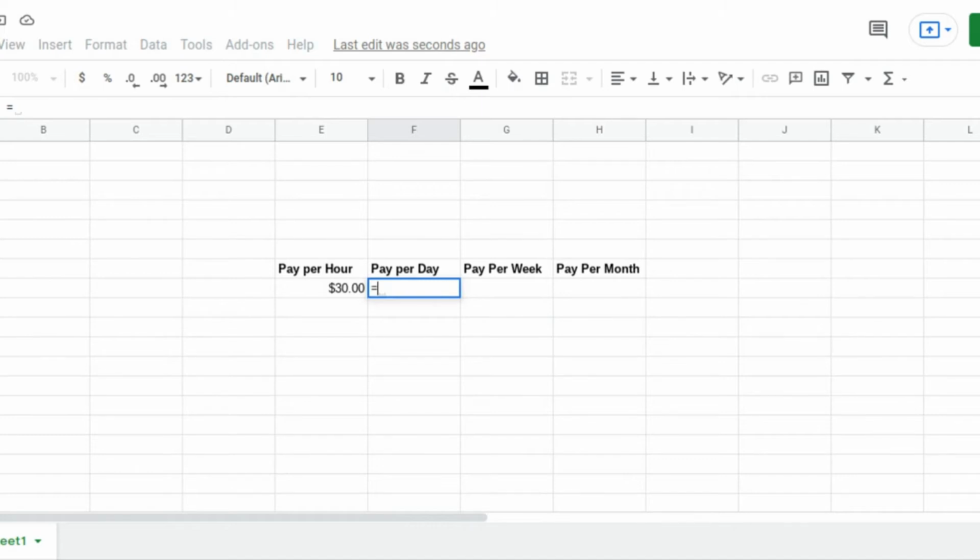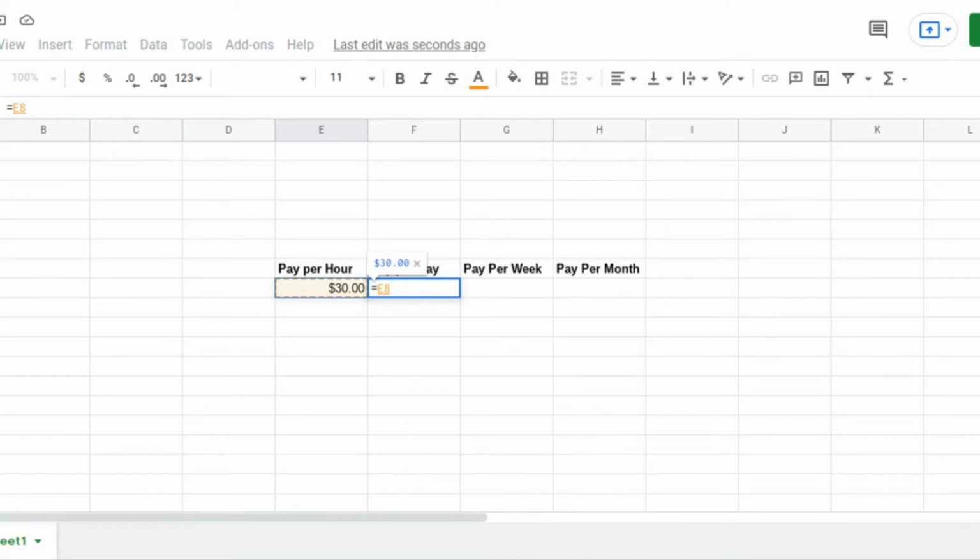You can either click on this cell, or you can use your arrow key. I'm going to use my arrow key, and move over to the left to that cell, and it's highlighted, which is E8, right?